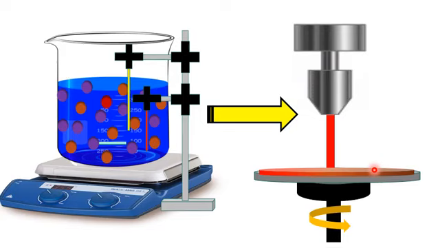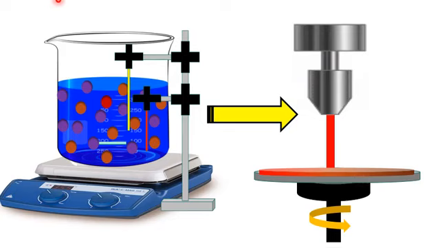But for better understanding, you need to know some of the key parameters important to get a better thin film via the sol-gel process. These key parameters are, number one, the rate of rotation of the spin coater, and number two, the temperature of the substrate inside the spin coater. So these are the key important parameters in order to get a uniform thin film via the sol-gel process.